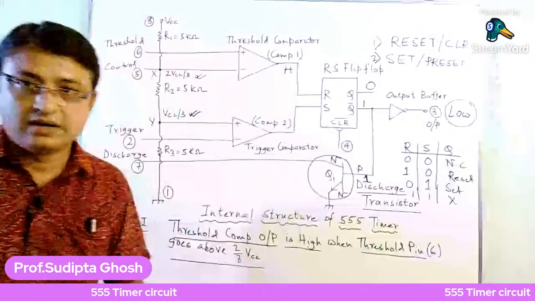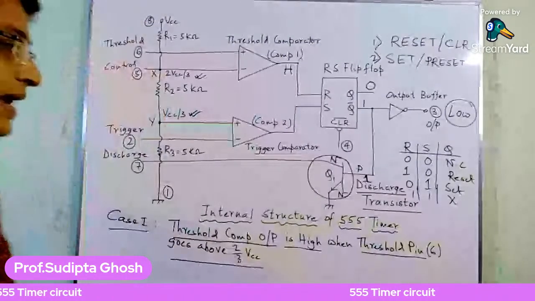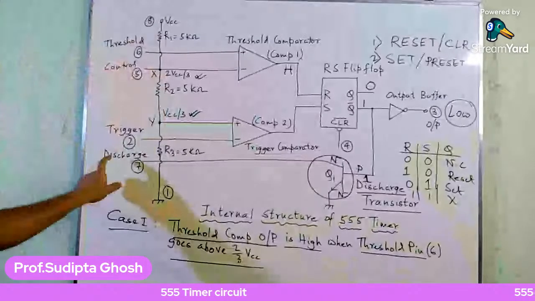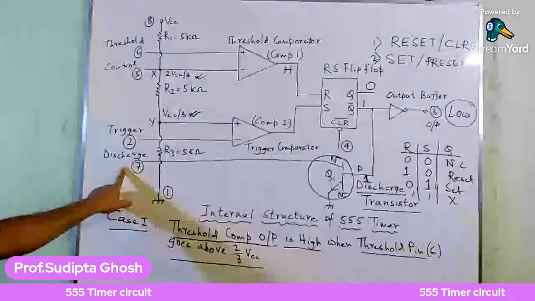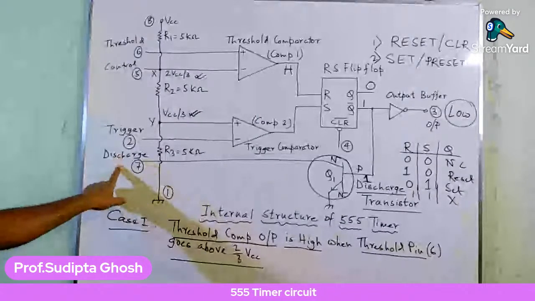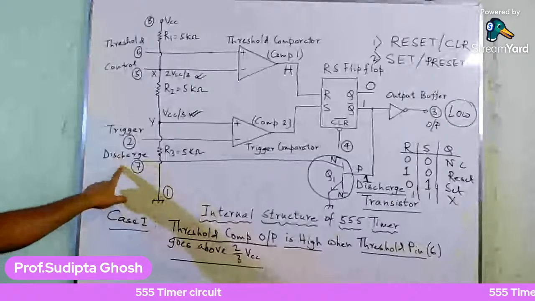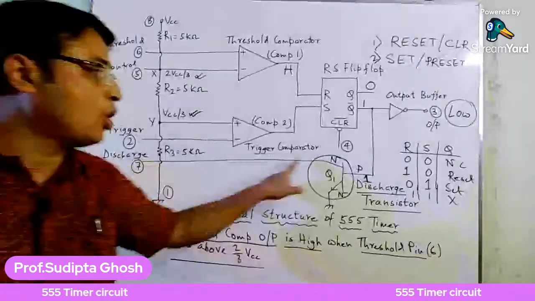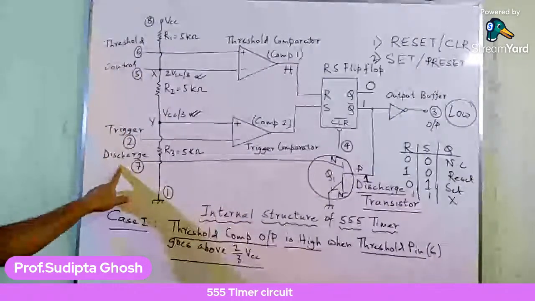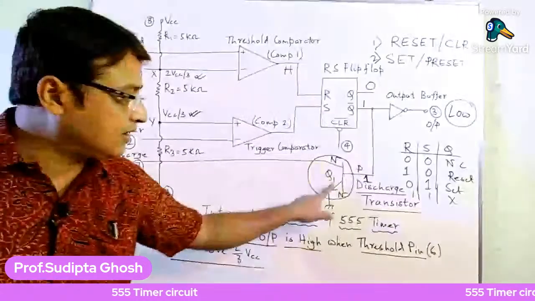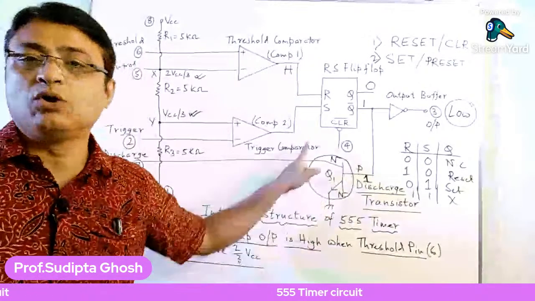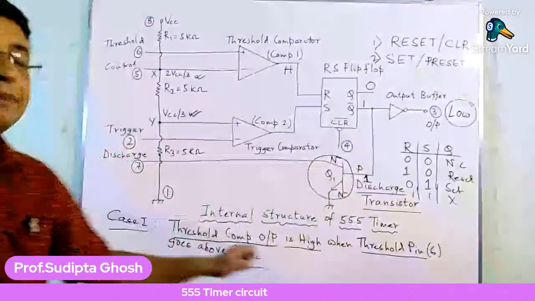As the transistor is in the saturation state, the discharge pin, if there is a voltage, a current will flow through the transistor and go to the ground. So that means pin number 7 goes to ground.